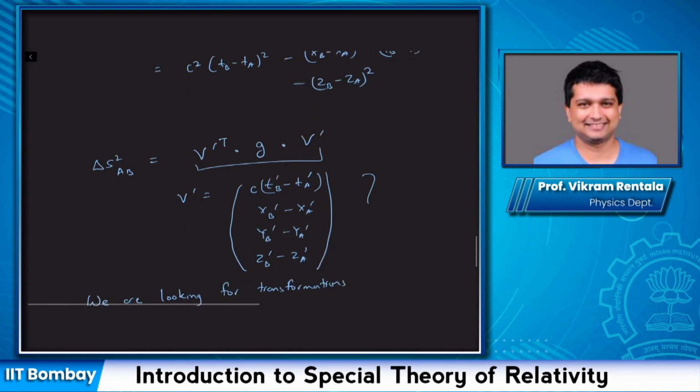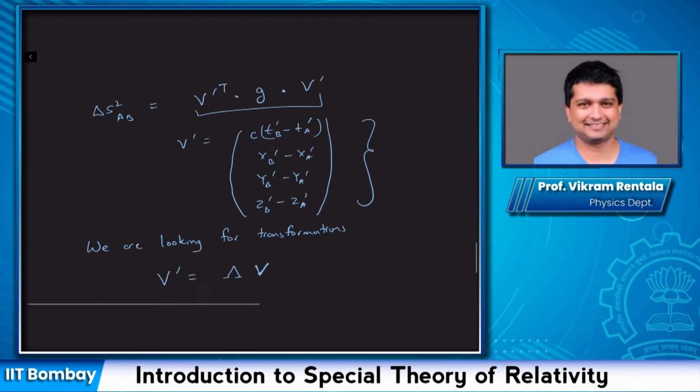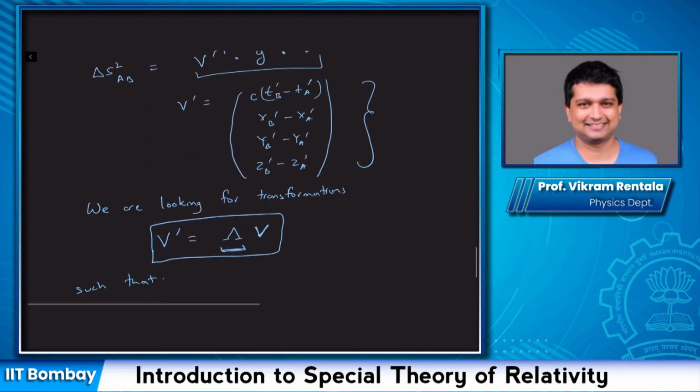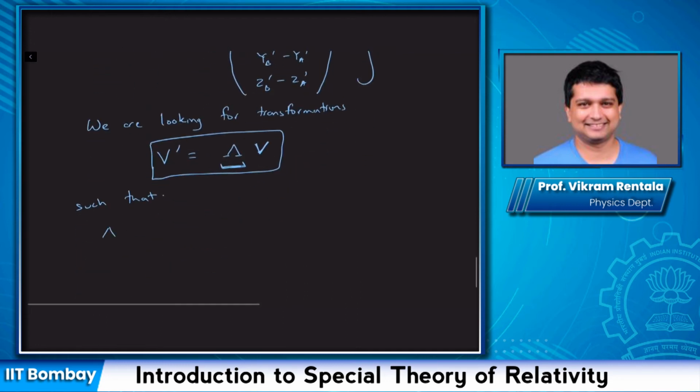V prime being this column vector, the difference between two spacetime points in the new coordinate system. And we're looking for linear transformations of this kind, where lambda is our linear transformation matrix, such that the quantity delta S square, which is V transpose dot G dot V, is preserved.